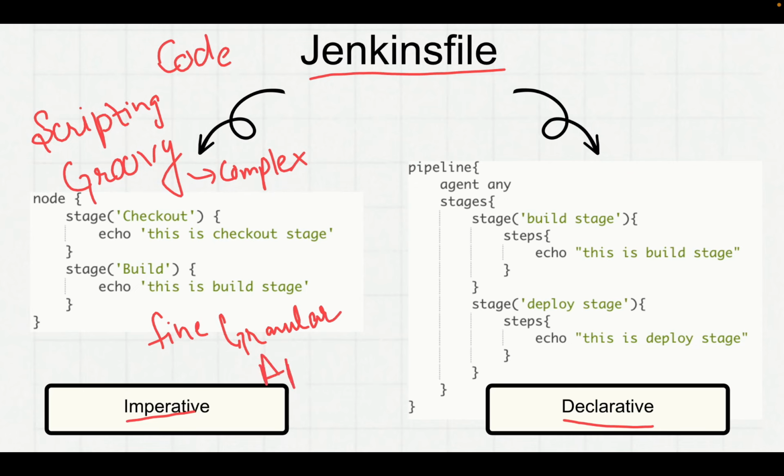So these are the basic motives of using the imperative job. The other section, which is now majorly used, is the declarative form.